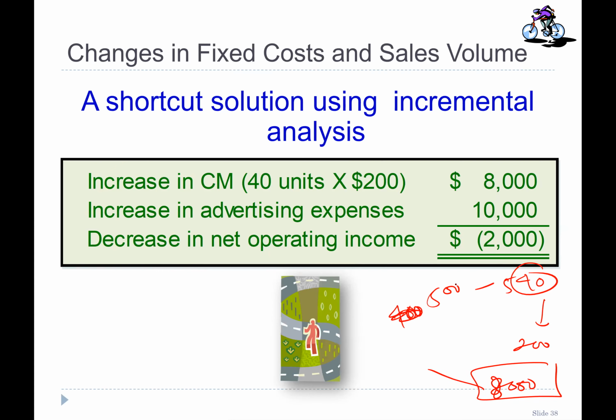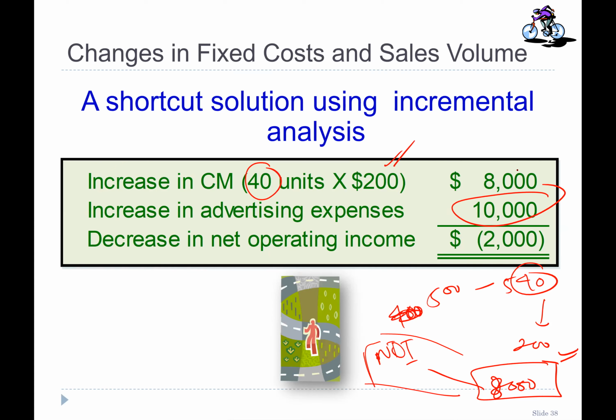So 8,000 is going to net operating income. 40 multiplied by 200 is the per unit contribution margin. So it means the units you sold will bring out income of 8,000 while you are having expense on those 10,000.